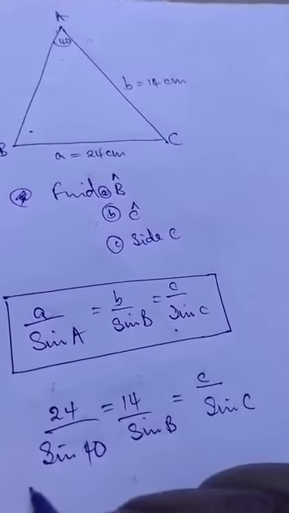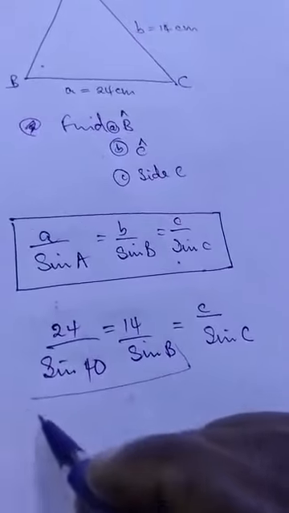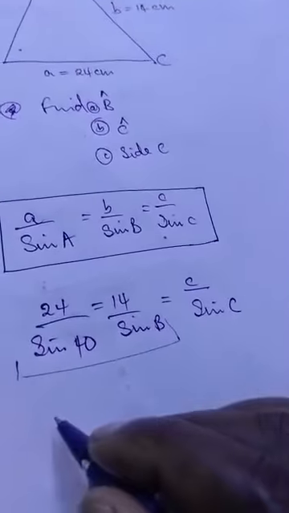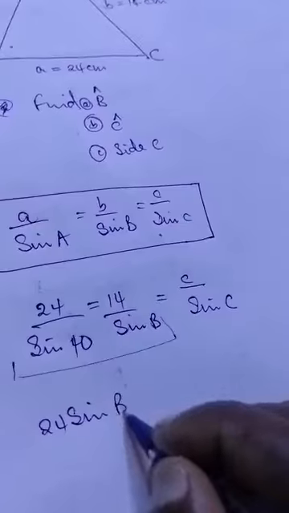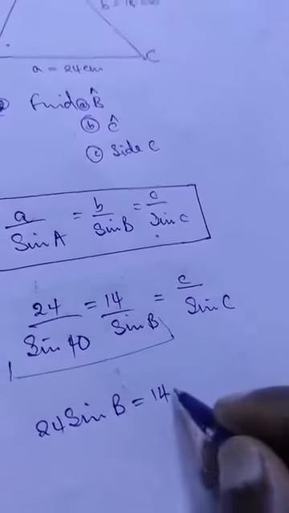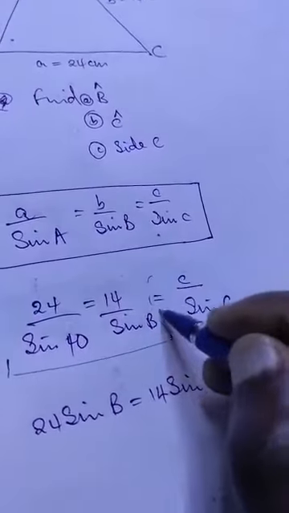So we start by solving this part. We ignore this c over sine C. We start by solving this part where we know the values. So we are going to have 24, I'm now cross multiplying, equals 14 sine 40. I've ignored this part.